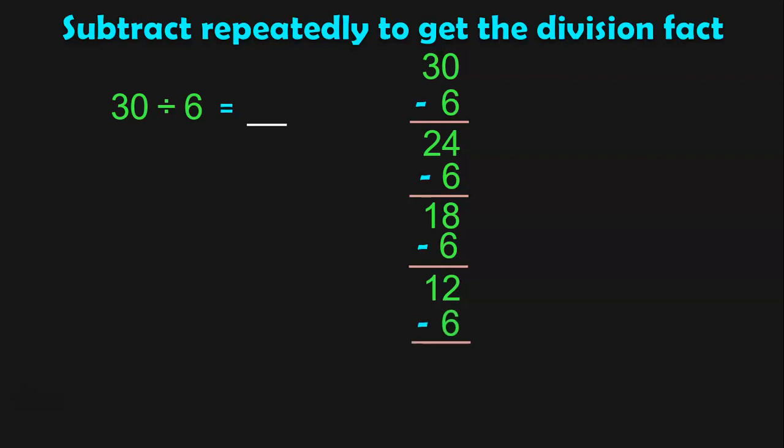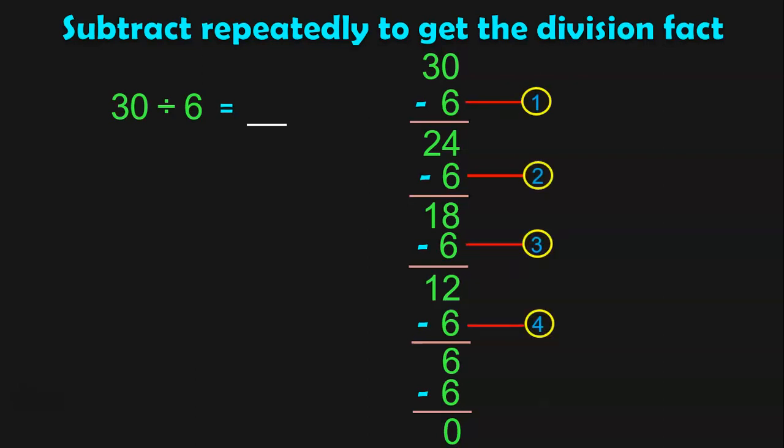You can subtract 6 once again and you get 6. So finally you can subtract 6 one more time and you get the remainder to be 0. So how many times did we do the repeated subtraction to get the answer 0? 1, 2, 3, 4, 5. So 30 divided by 6 is equal to 5. Very easy, isn't it?